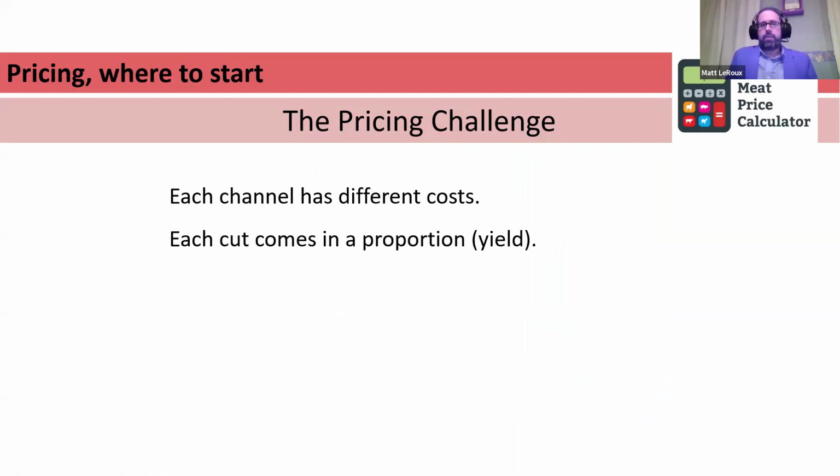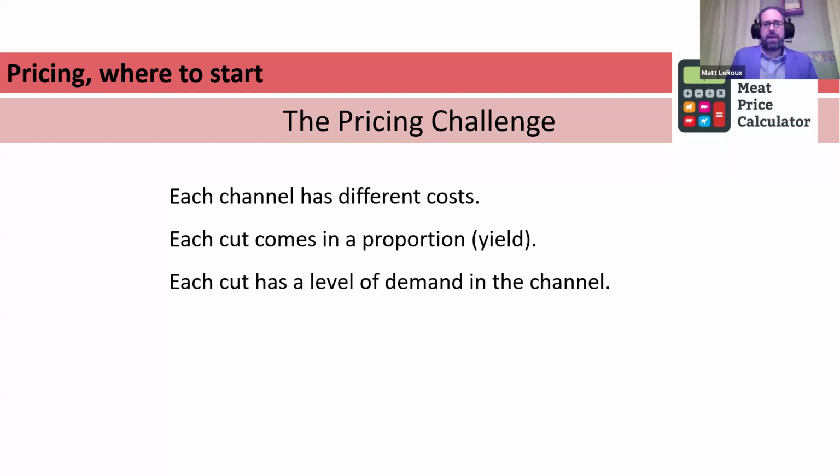Each cut on a carcass when we're selling cuts, and that's what I'm going to focus on at this point, comes in a yield or a proportion on the carcass. So, that lends to confusion with price setting because you have these yields. And then each cut also has a level of demand in different channels. And I would actually argue that the level of demand could be considered specific to each channel that you sell in.